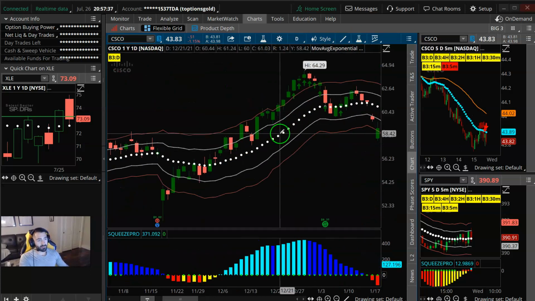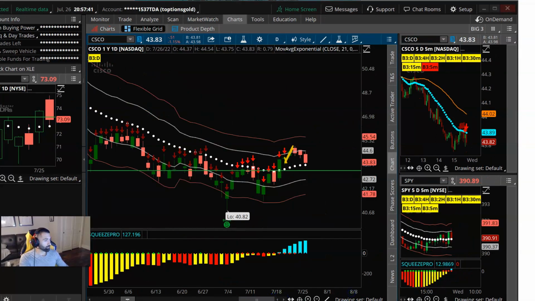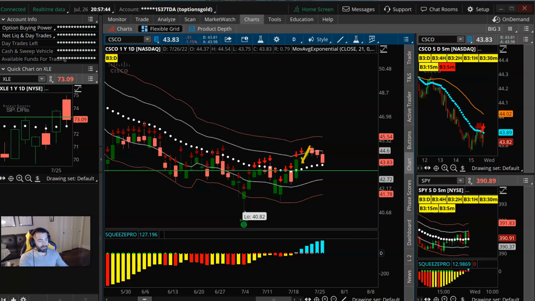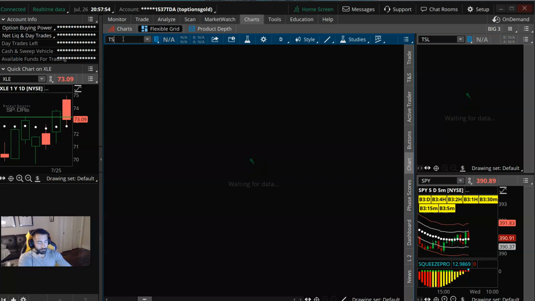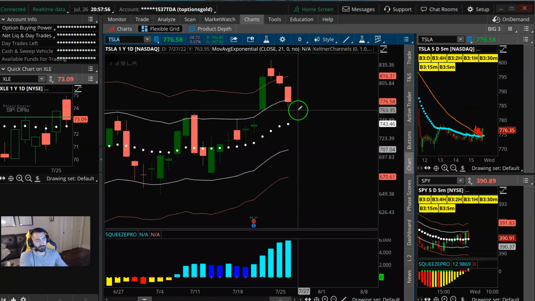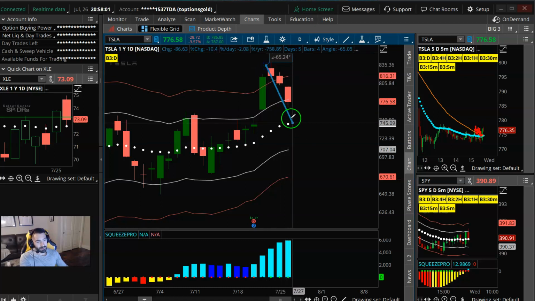But the key, of course, is you're taking that 30-minute squeeze right on top of that daily 21 EMA. Huge difference between that 30-minute squeeze at your 21 versus something like Tesla, who had a 30-minute squeeze yesterday. But up here, you're fighting that growing probability that eventually you got to come back to the 21 EMA.